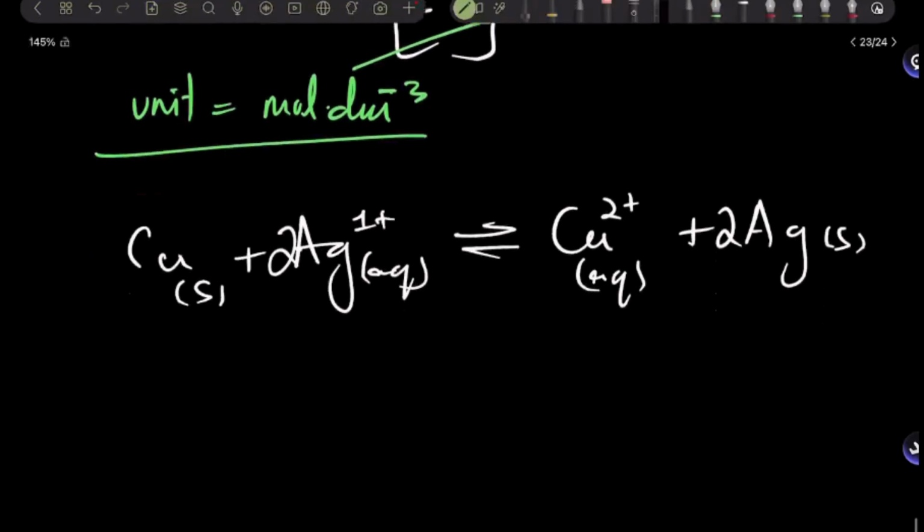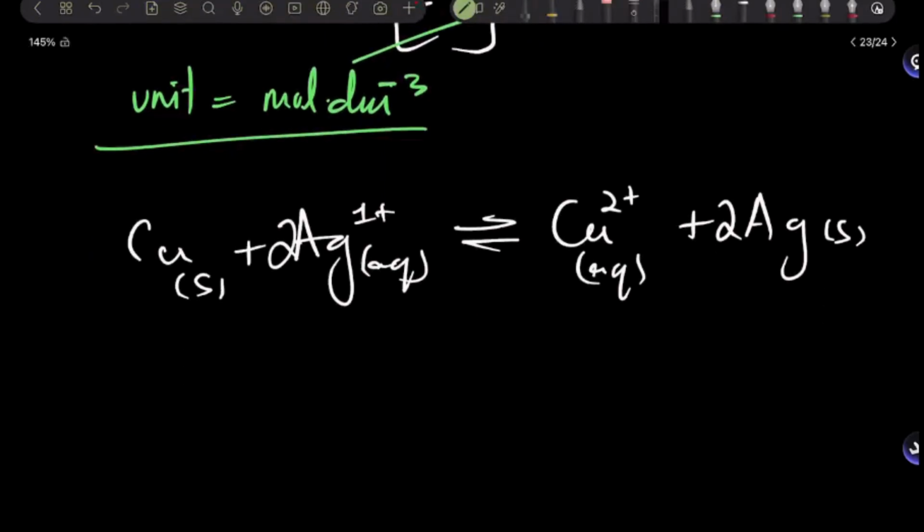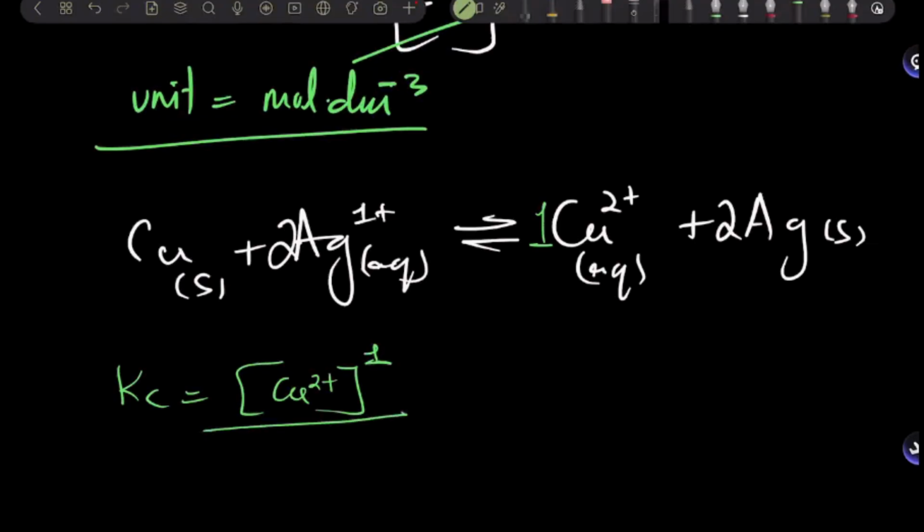Now, if I want to write the equilibrium expression for this, how would I write that? So Kc would be right hand side over left hand side. But what do I leave out over here? The solids on either side, right? So right hand side would be the concentration of copper 2 plus to the power what? The molar coefficient over here is 1. So to the power 1 divided by, on the left hand side, what do I leave out?